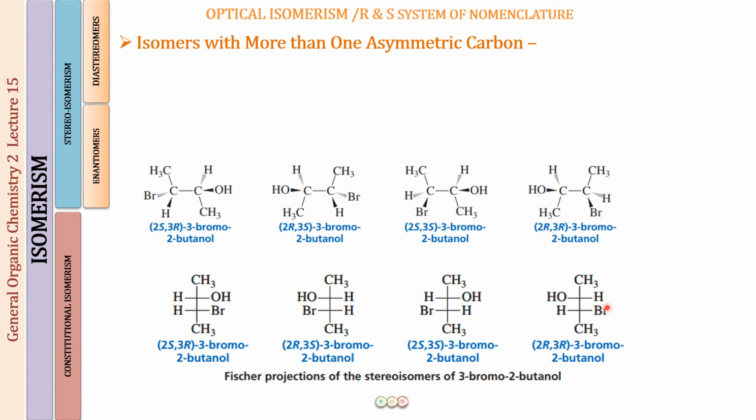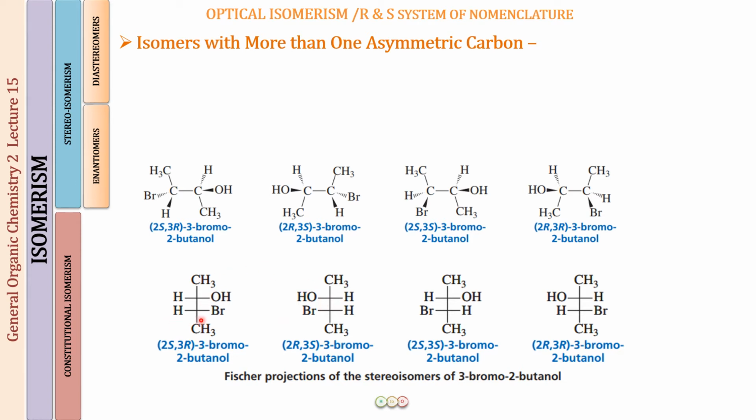Now, the next thing that is going to be asked of you in the examination is that you have to identify whether they are enantiomers, diastereomers, or identical molecules. So, how do you do that? Well, one way is again to look at the molecule, find the plane of symmetry, find the center of symmetry. Yes, this molecule is optically active. Then this molecule and its mirror image compound, they are going to form enantiomers, right?